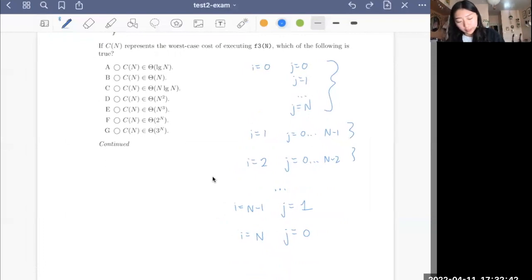And so in total, the work is 1 plus 2 plus 3 plus 4 plus n minus 2 plus n minus 1 plus n. Again, this is one of those sums that you hopefully have learned throughout this class, which is that when we have this arithmetic sum where we're incrementing by a tiny bit each time, the total work is actually going to be n squared.